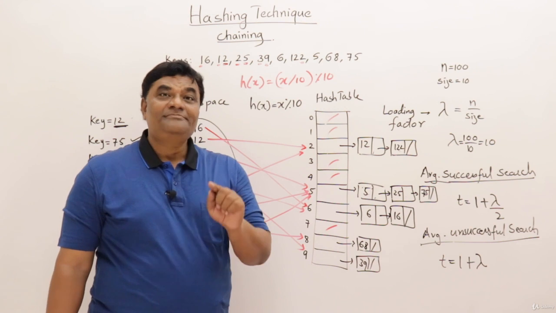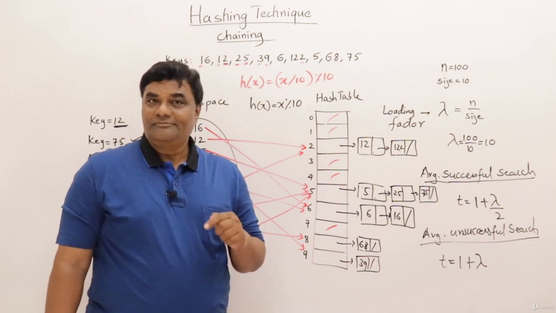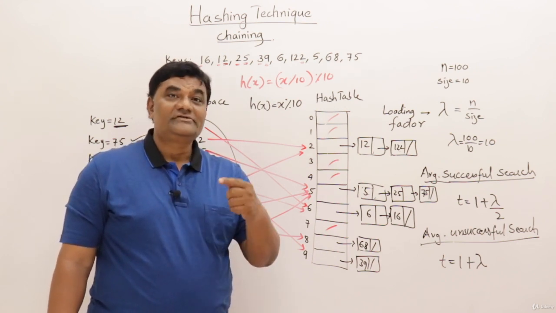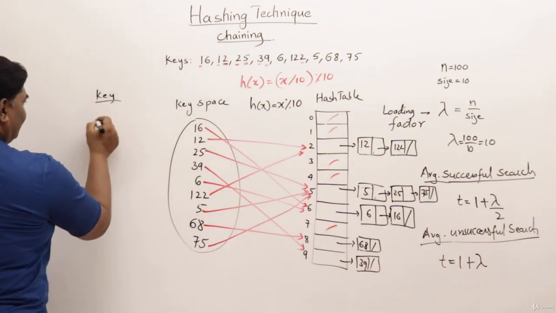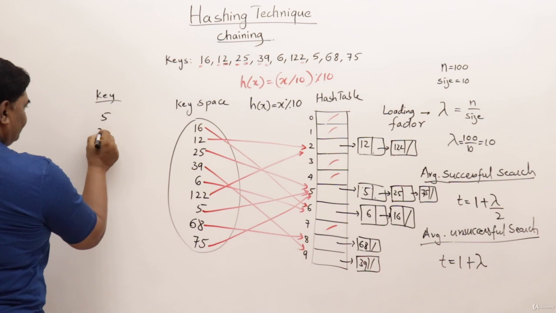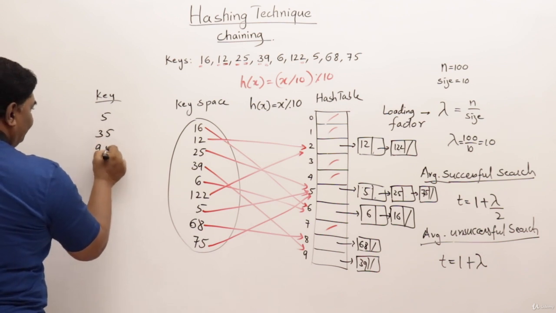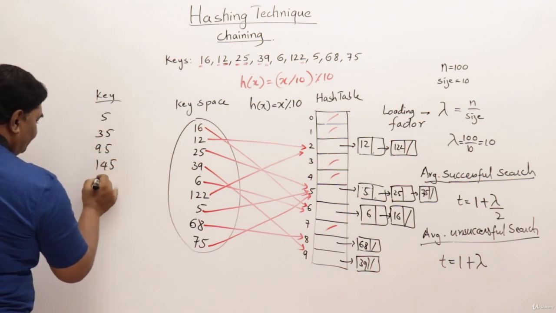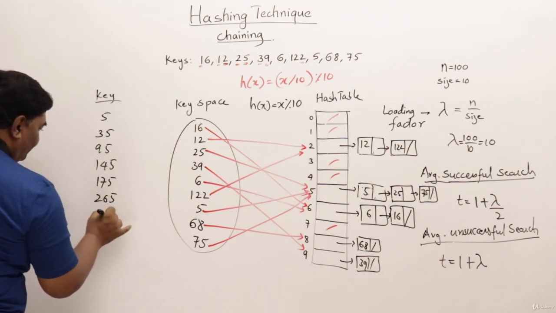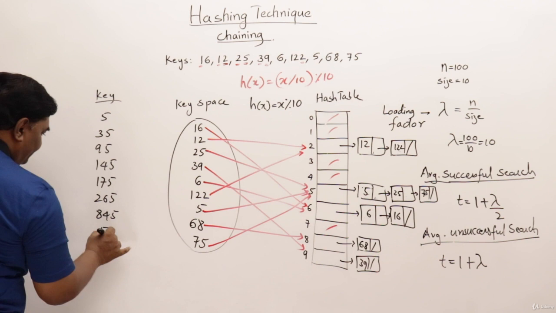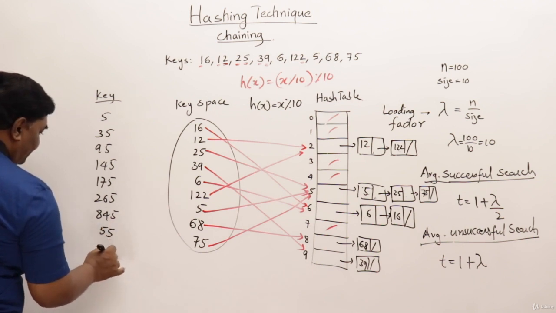Now I will show you one problem, and after that problem, we will also see a solution. Just watch here. Suppose I have the keys like 5, 35, 95, 145, 175, 265, 845, 55, 25.